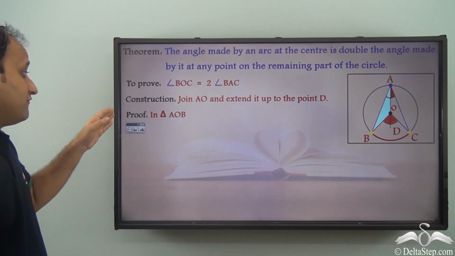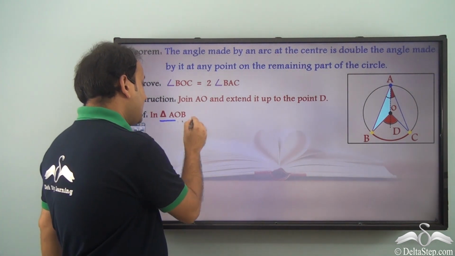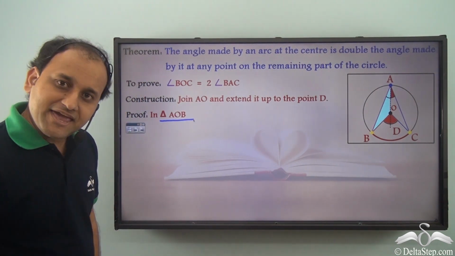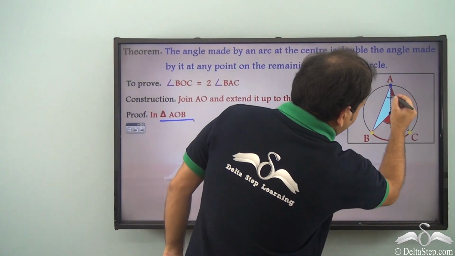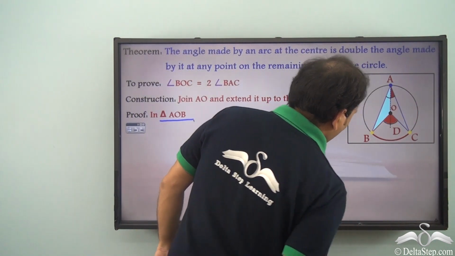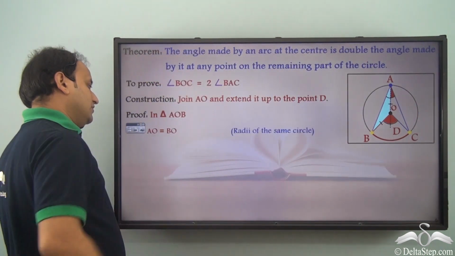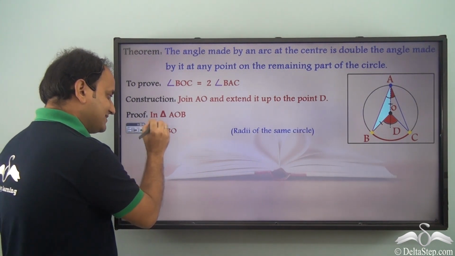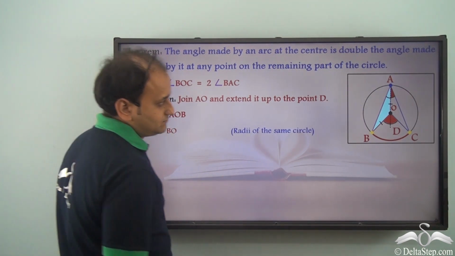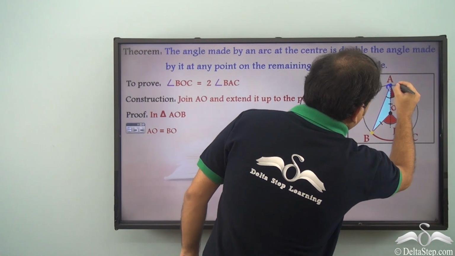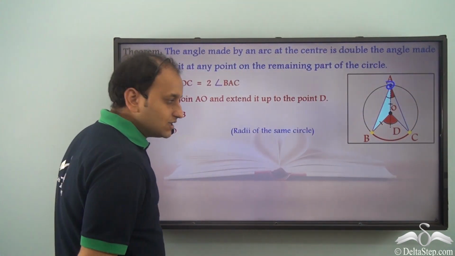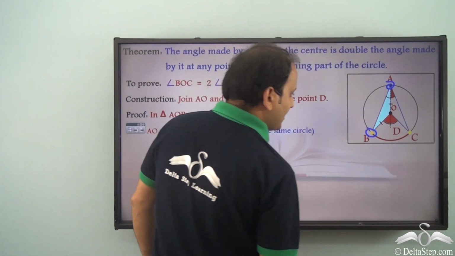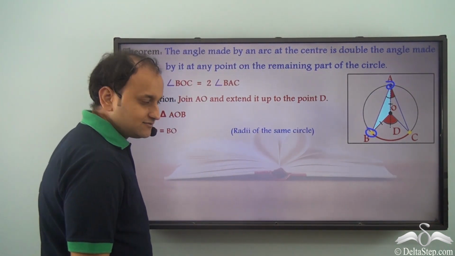For the proof, we'll consider triangle AOB. So, in triangle AOB, what do we have? First of all, AO is equal to BO. What do we see? A is a point on the circle. B is also a point on the circle.